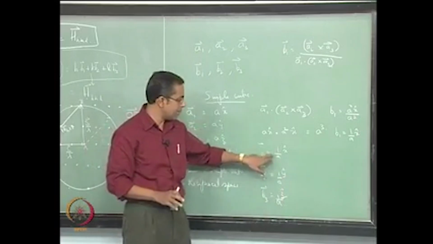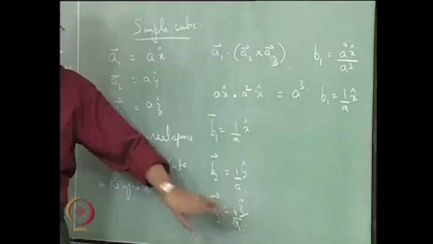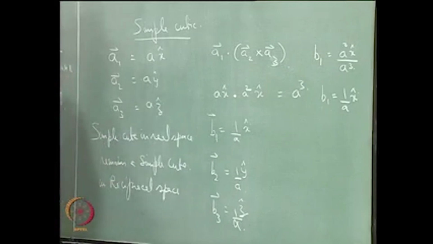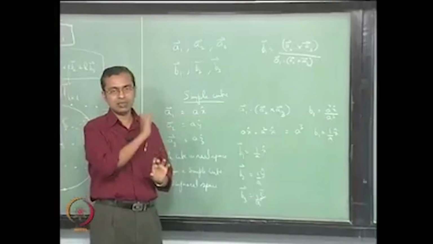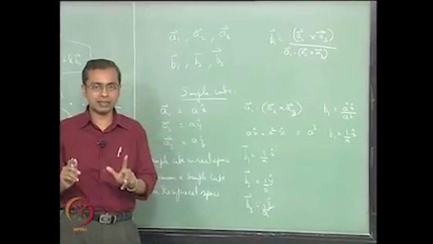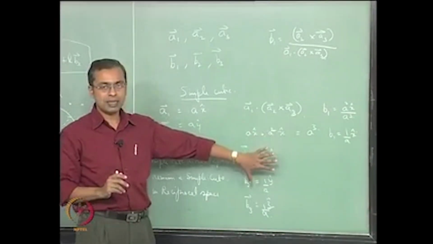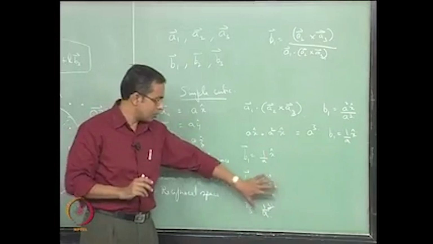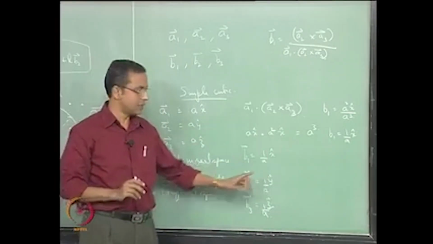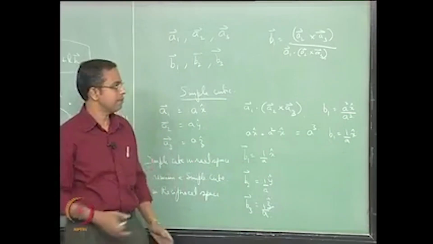It is the same magnitude in the x, y and z directions, three mutually perpendicular directions. So the layout in reciprocal space continues to be simple cubic, only the magnitude has changed.